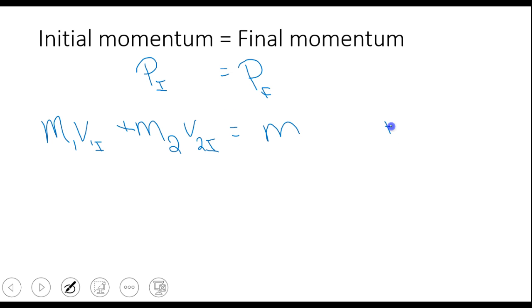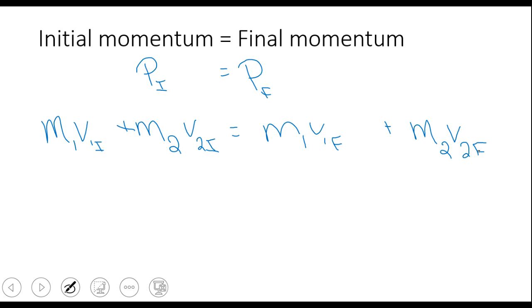Masses usually stay the same after collisions. We're not creating and destroying mass here. But afterwards they will each have a final velocity, and we can set our formulas up like this.